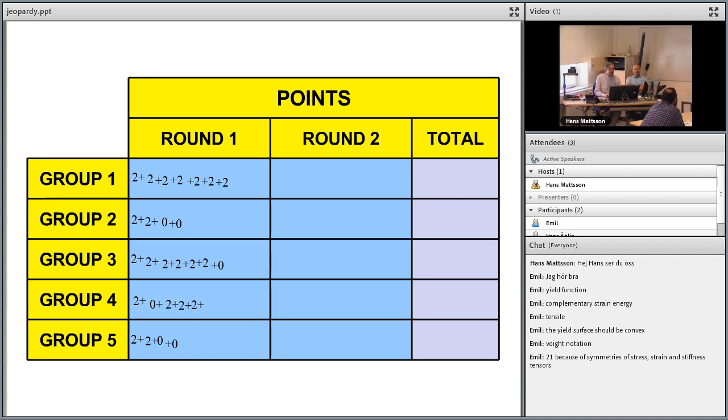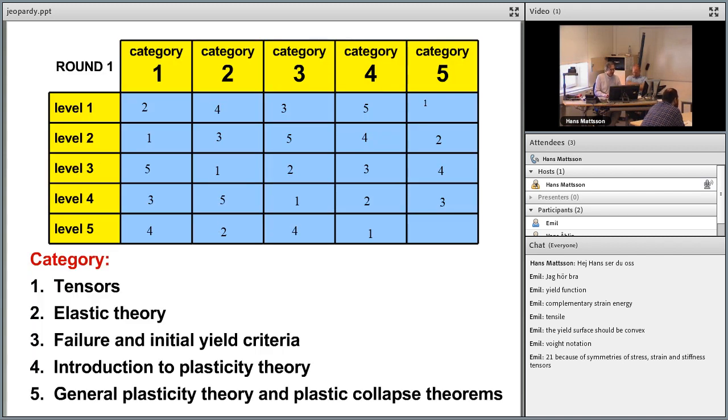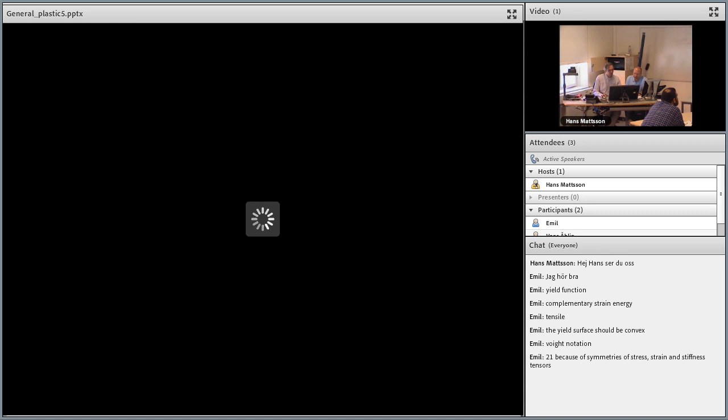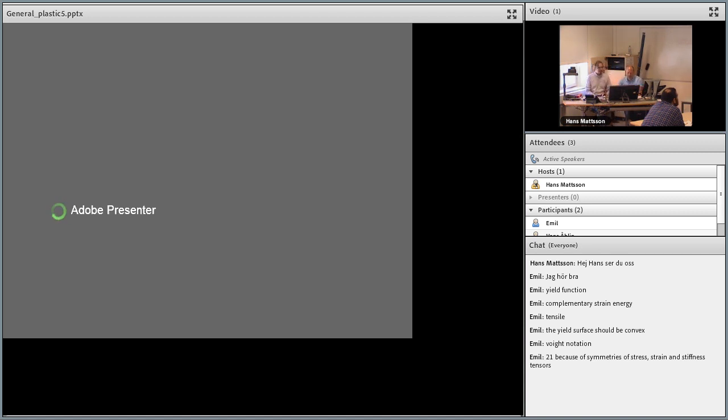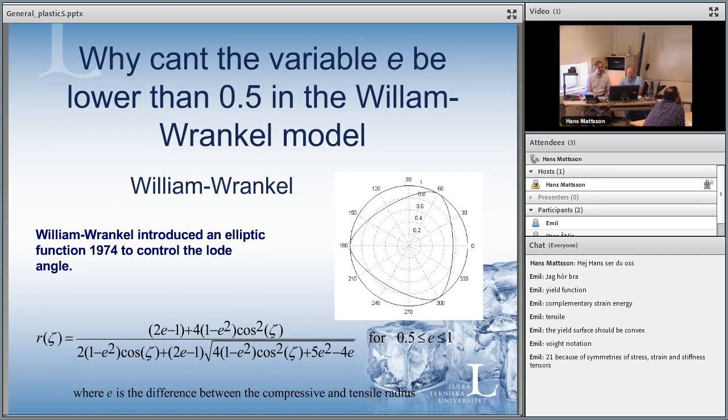And now we have group 5 that will choose the last question, I suppose. Category 5, level 5 here. General plasticity. Okay. So you have the question directly here.